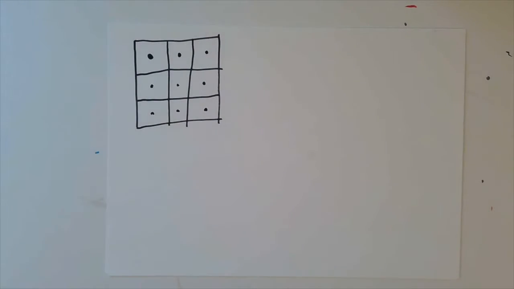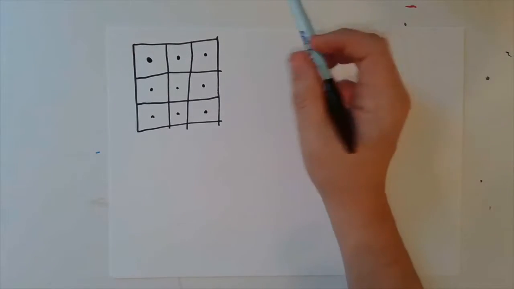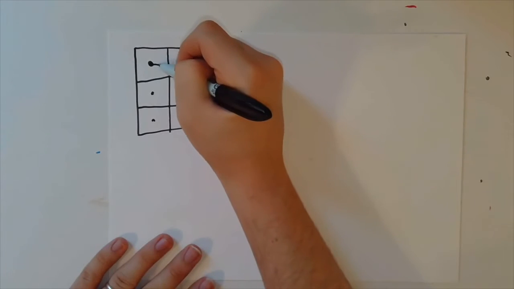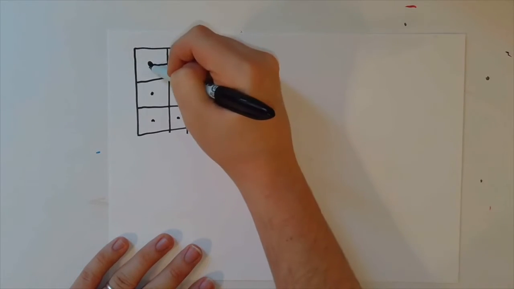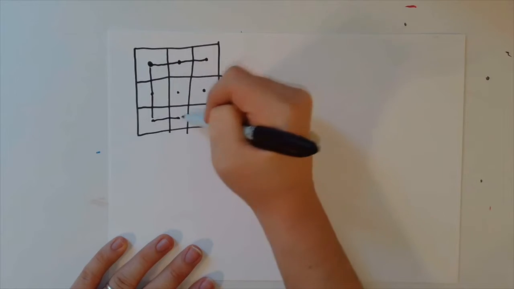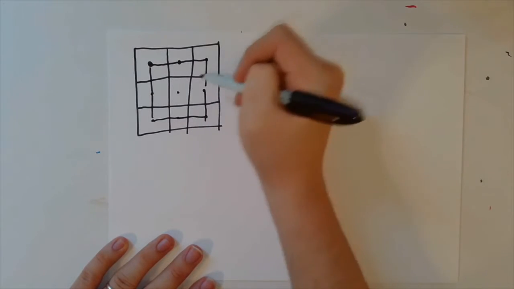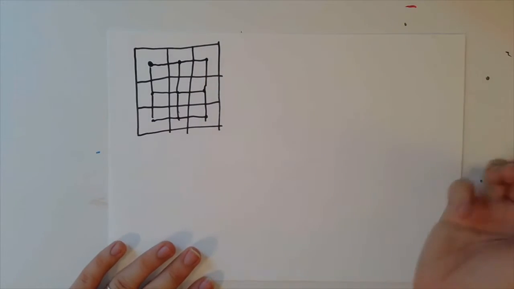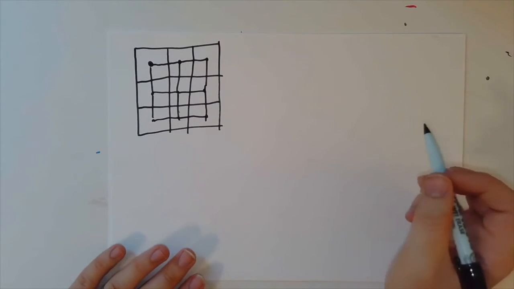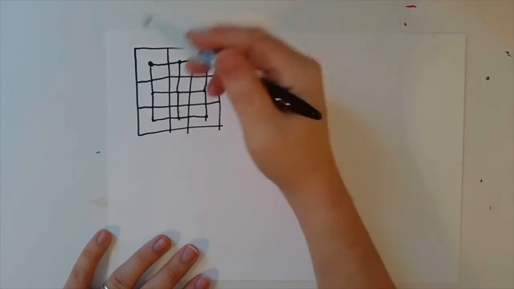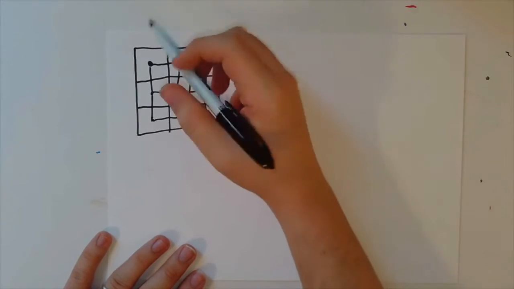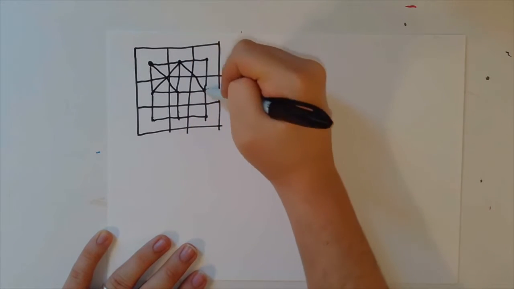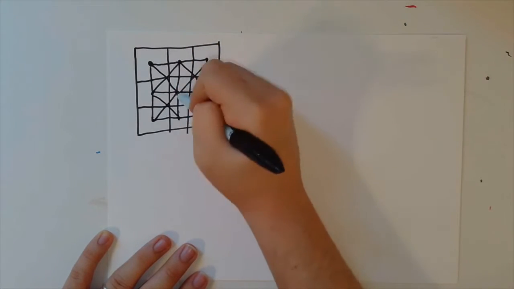And I'm going to connect those vertices if the squares are adjacent. So these connect, and so on. But I'm also going to connect the diagonally adjacent ones.